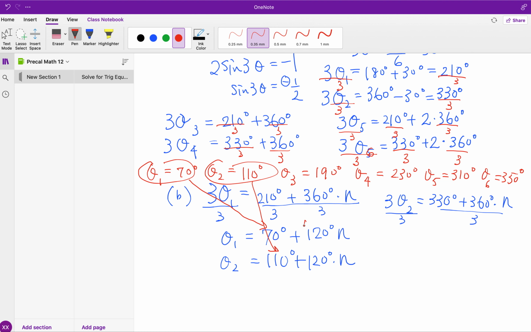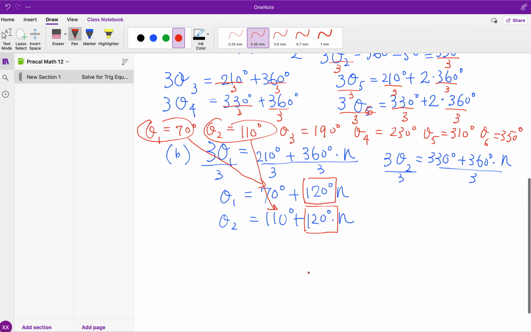Then this part will change, because the sine goes by 2 pi, but here you have to divide it by 3, so it becomes 2 pi divided by 3, or 360 divided by 3. So this one is different compared with the 360 degrees times n.